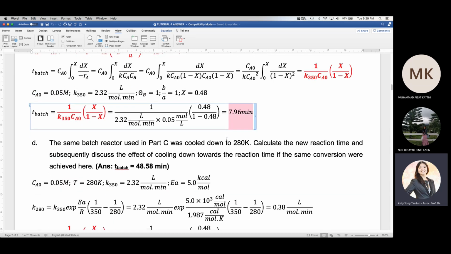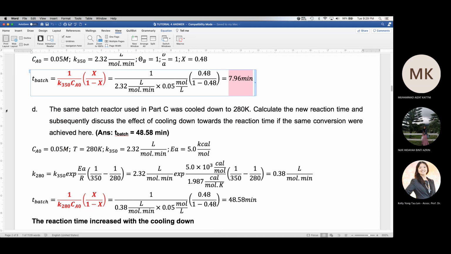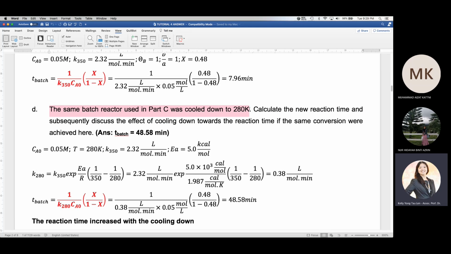Okay, part D. The same batch reactor used in part C was cooled down to 280 Kelvin. Okay, so reactor yang tadi kita guna pada part C tu, the reactor temperature was 350. Reaction temperature kita was 350 kan?